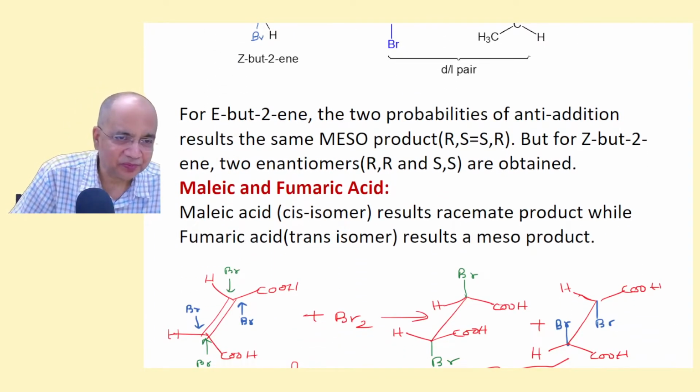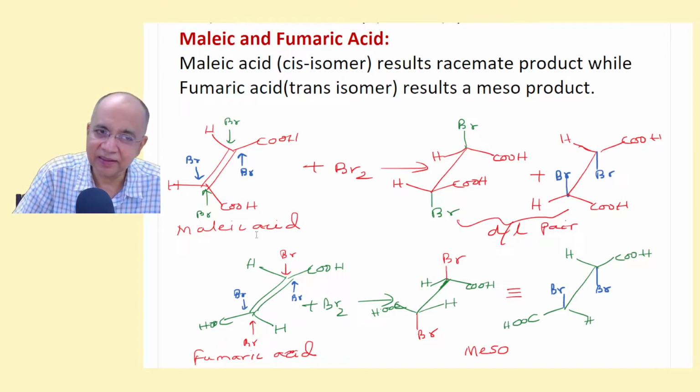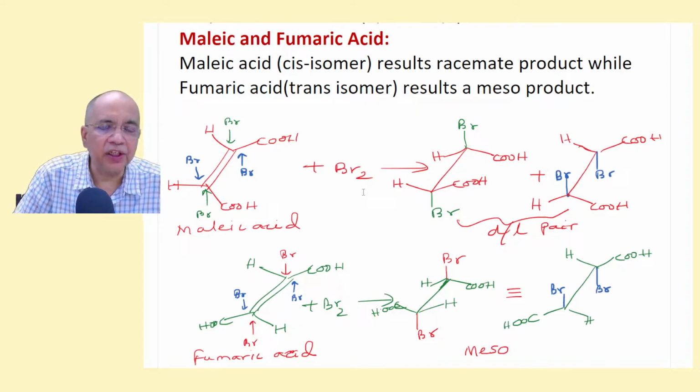Now, the same thing you will find in maleic acid and fumaric acid. Maleic acid is cis-but-2-enedioic acid. And on bromination, 100% DL pair is found.